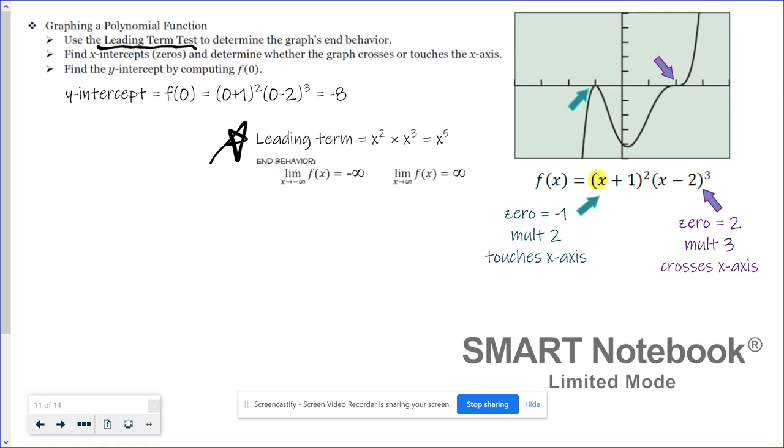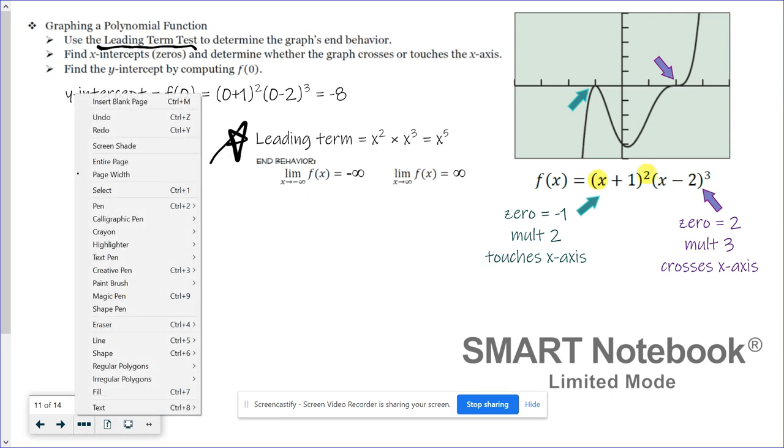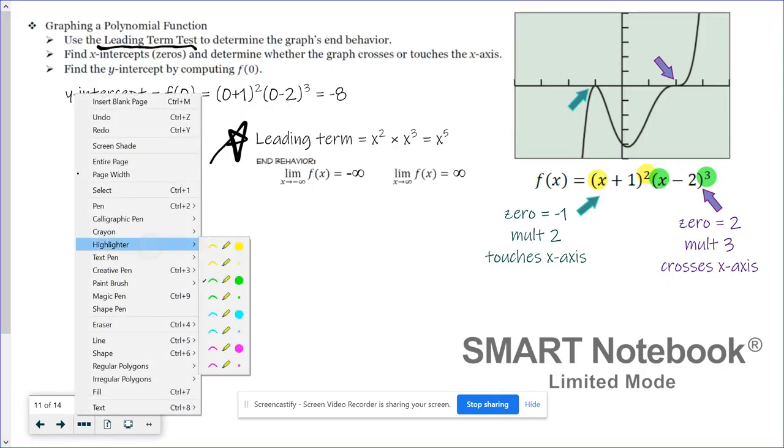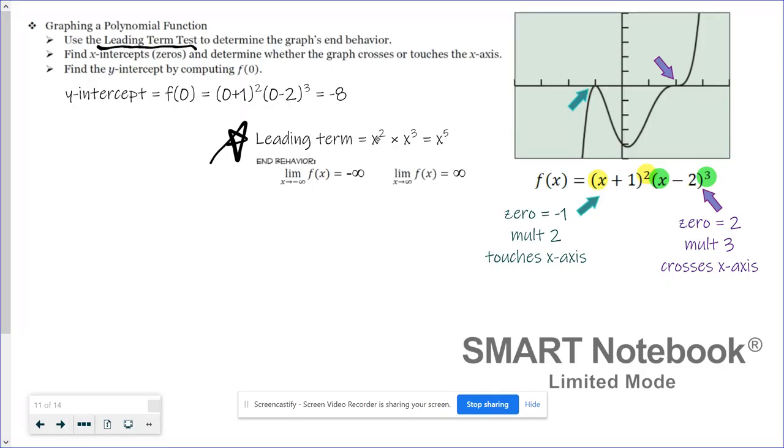The first factor has a leading term of x squared, and the second factor has a leading term of x cubed. So when I multiply x squared times x cubed, I get x to the 5th. And that's odd and positive. And that's how I determine the end behavior to be negative infinity on the left, positive infinity on the right. You might need to revisit the notes from 11.2 if you've forgotten your end behavior.